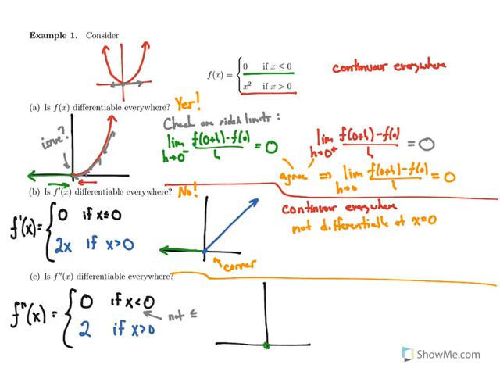On the left, we have this 0 function, and on the right, we have the constant function 2. So this function is now not continuous at x equals 0, and it is also not differentiable then at x equals 0.